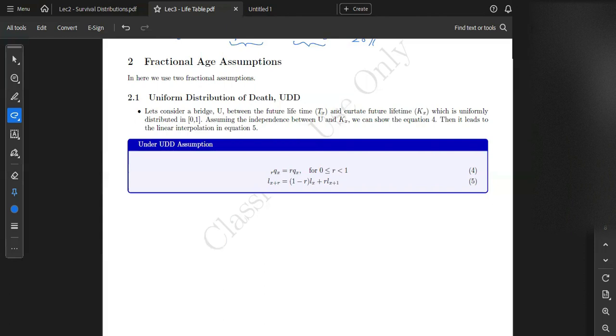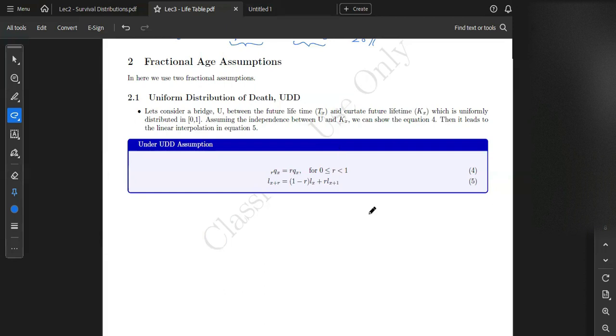So we assume that at the beginning of this year we have this much of survivals, and during that year we have this much of deaths. So we could sum it up or do some subtractions to find the corresponding number of survivals and deaths for different years and different time intervals.